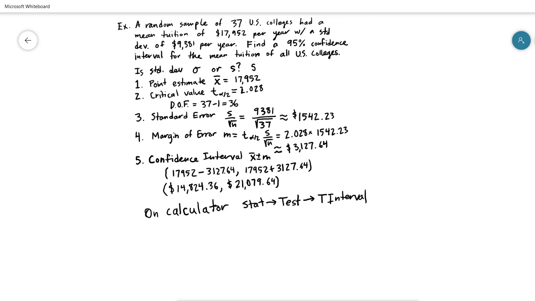And if we hit calculate, it will give us, rounded to the nearest dollar, 14,824 at the low end, and again that is units of dollars, and at the high end $21,080.